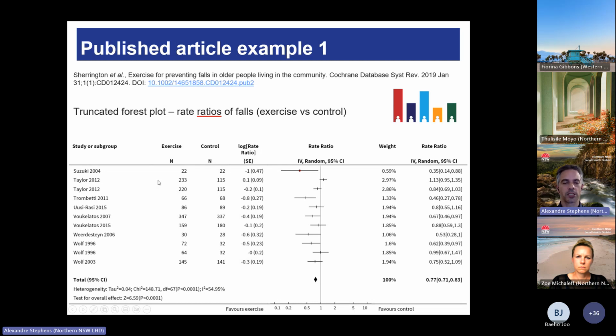A forest plot essentially is a specific technique, I guess, to present the results. It presents the results of individual studies which were incorporated in the systematic review of this particular article. So these here are individual studies which explored this exact concept. And we can have a look at what the results for the individual studies were. And these are rate ratios.